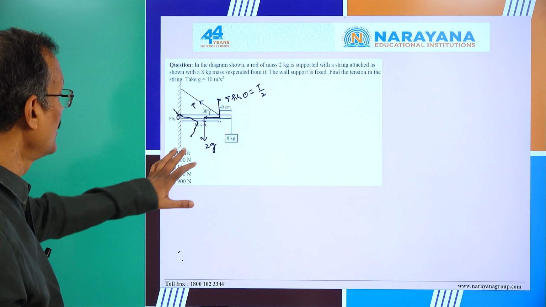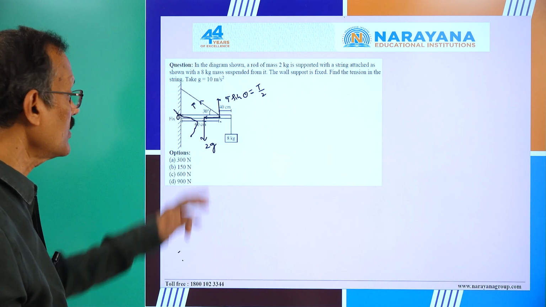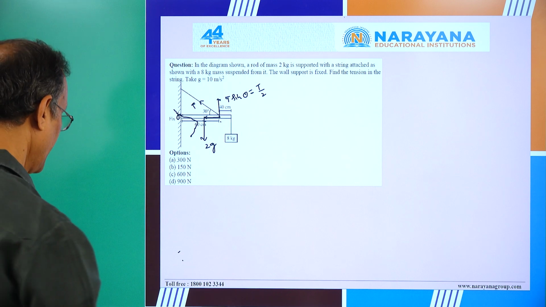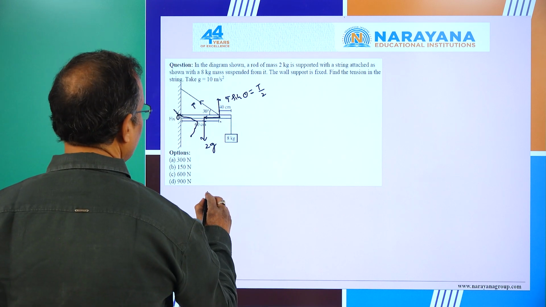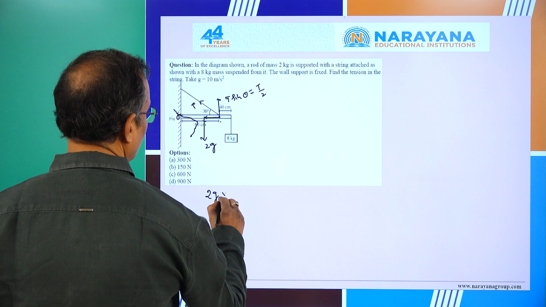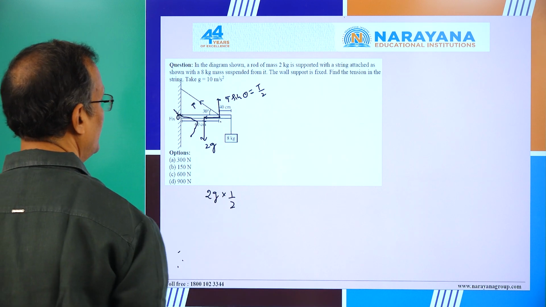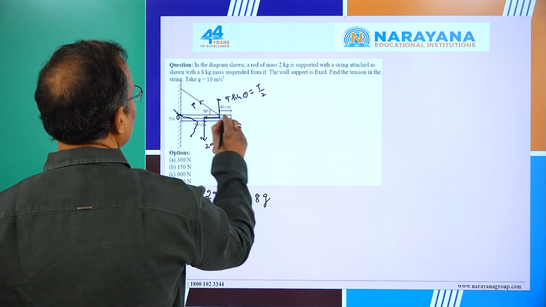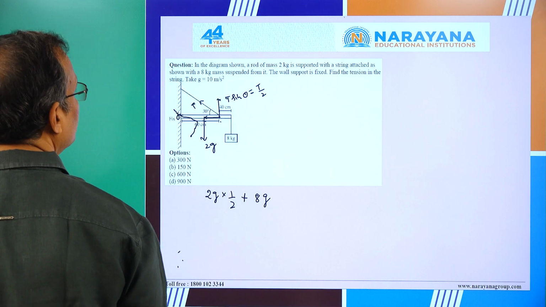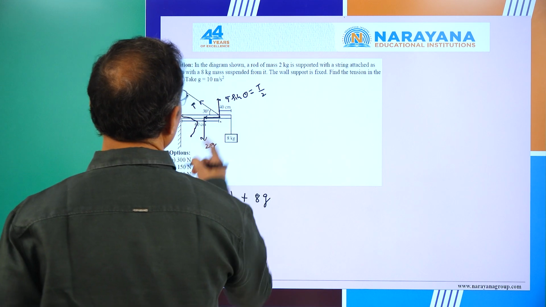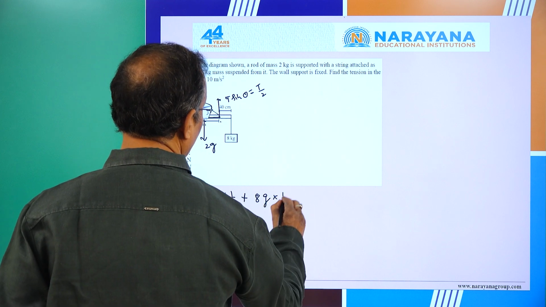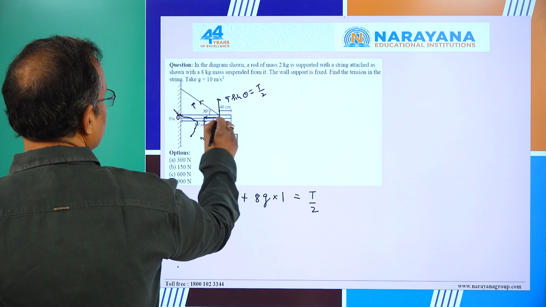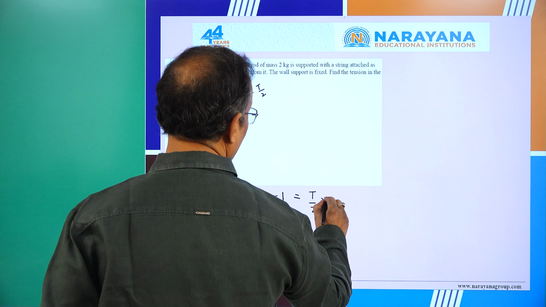For the equilibrium, torque due to 2g and torque due to 8g must be equal to torque due to T by 2. You will have 2g into half meter, and for this it will be 8g into 1, since they have given you length as 60 centimeter, 40 centimeter is 1, and this should be equal to T by 2, and this distance is 60 centimeter, that is 0.6.